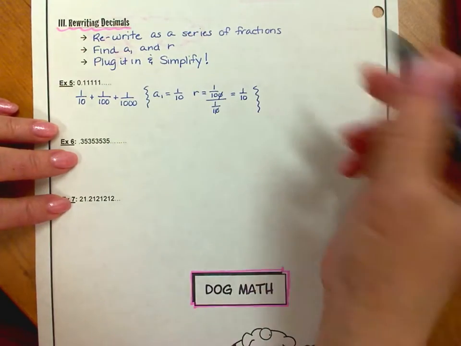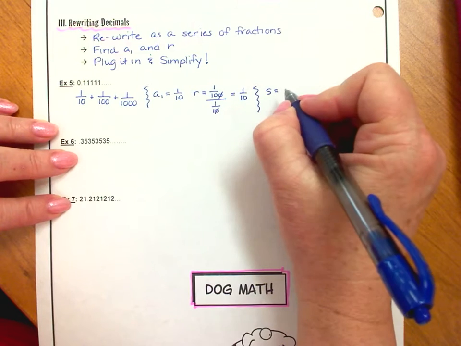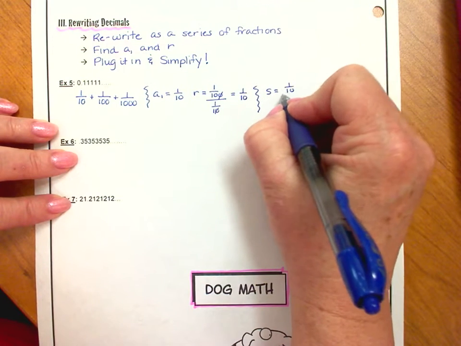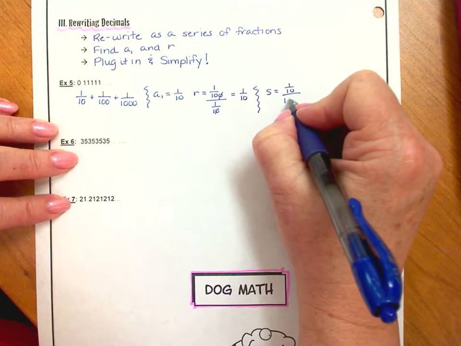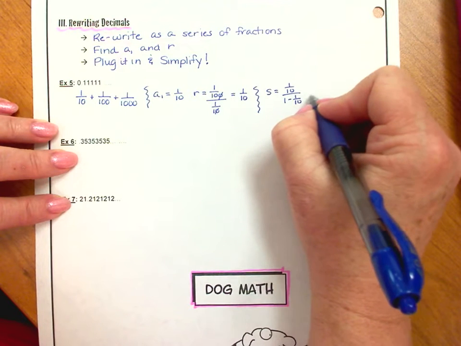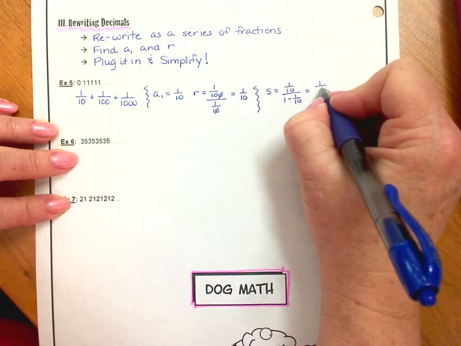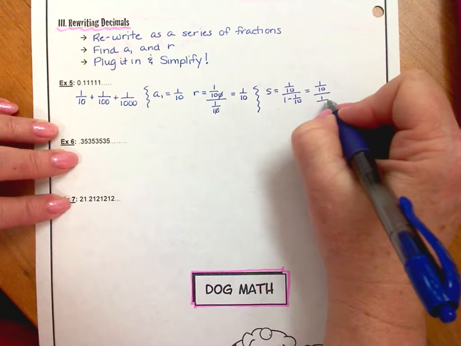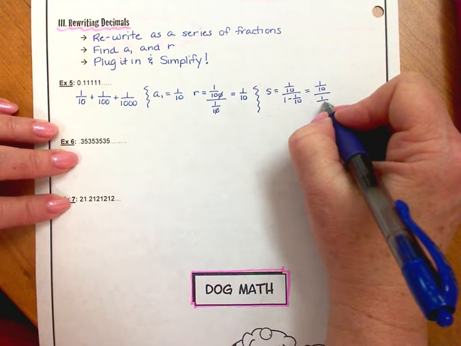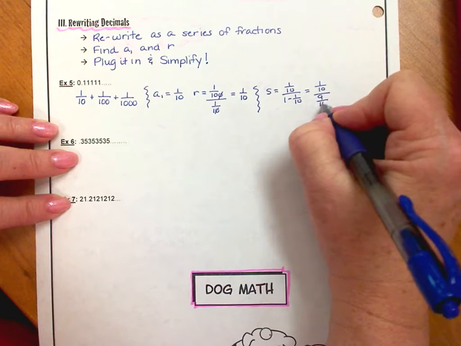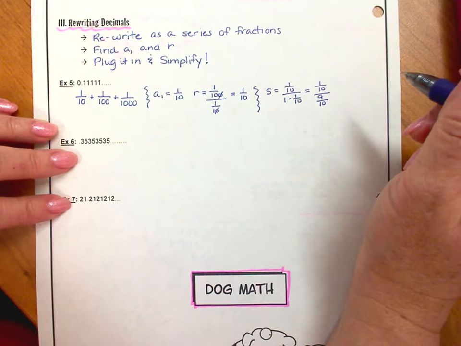All right, step 2. Now we're on step 3. We want to plug it in and simplify. So S is equal to 1/10 divided by 1 minus 1/10, which equals 1/10 over 9/10. 1 minus 1/10 is 9/10.